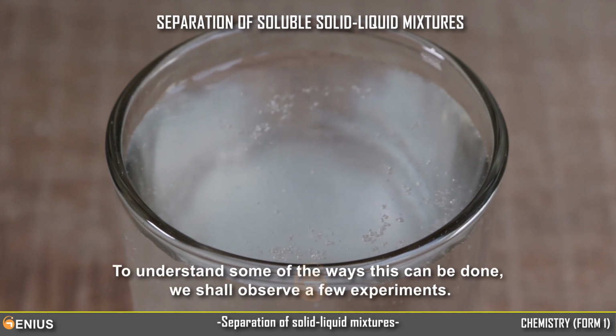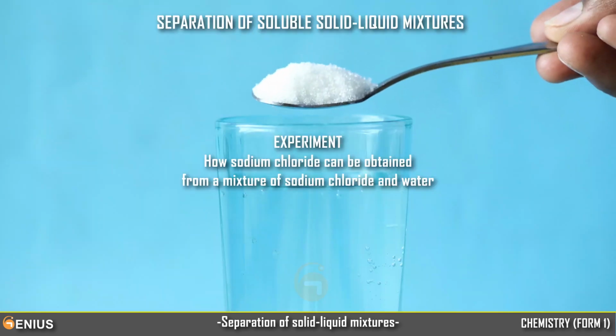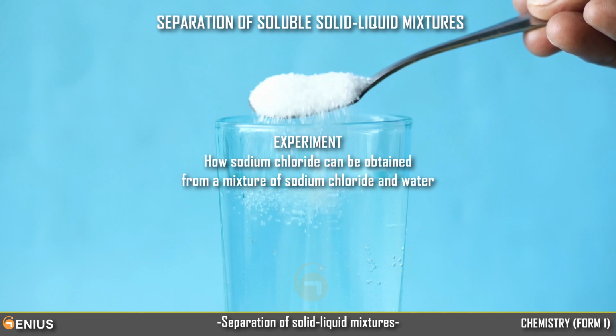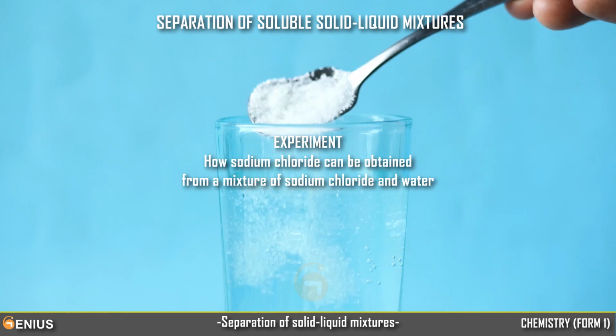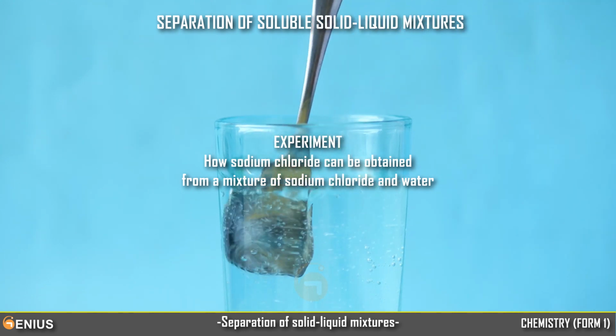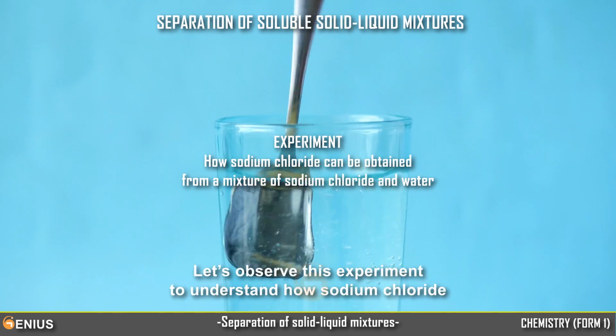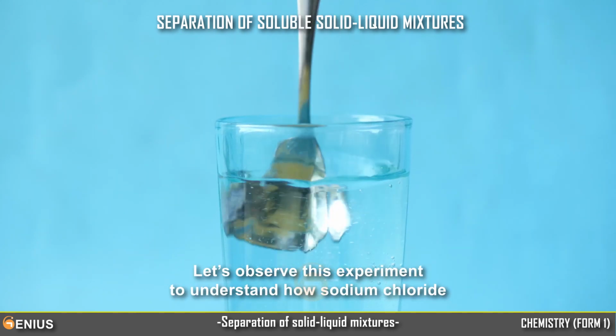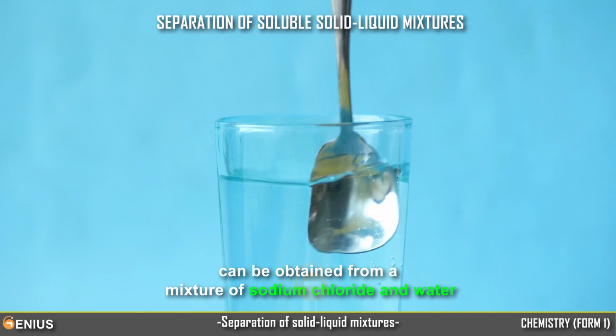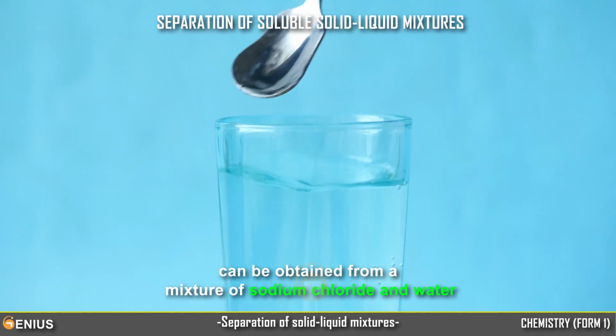To understand some of the ways this can be done, we shall observe a few experiments. Experiment: how sodium chloride can be obtained from a mixture of sodium chloride and water. Let's observe this experiment to understand how sodium chloride can be obtained from a mixture of sodium chloride and water.